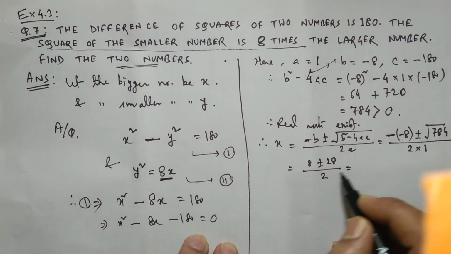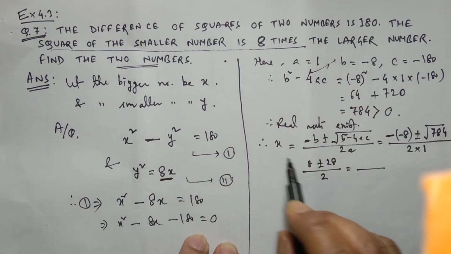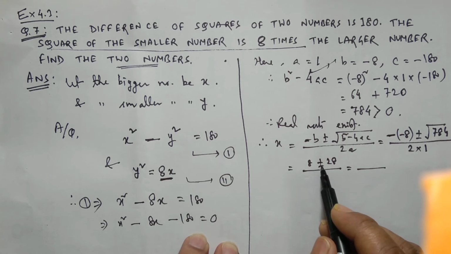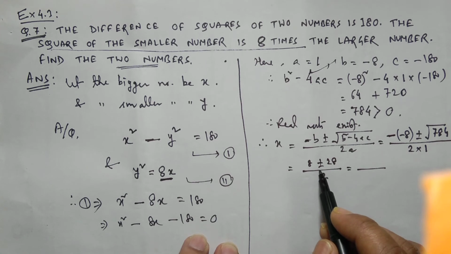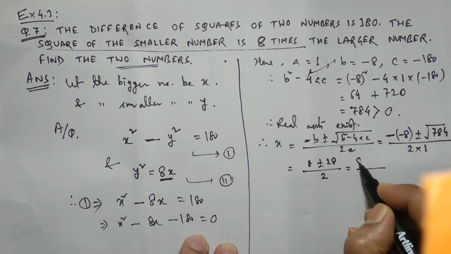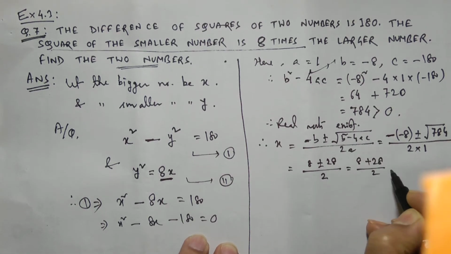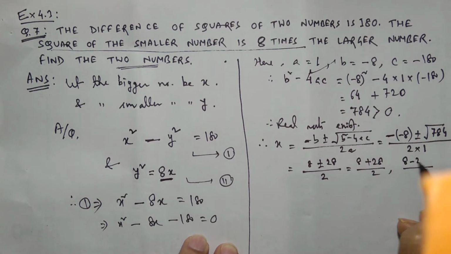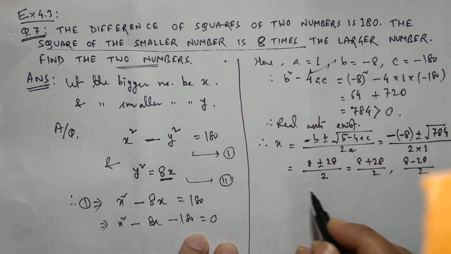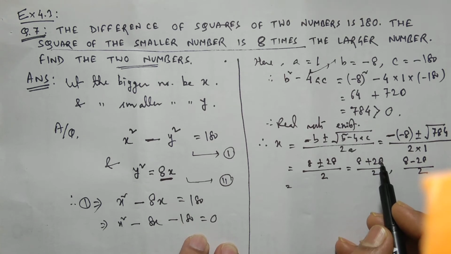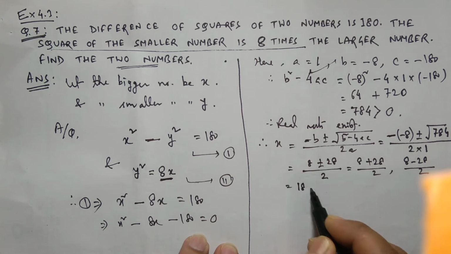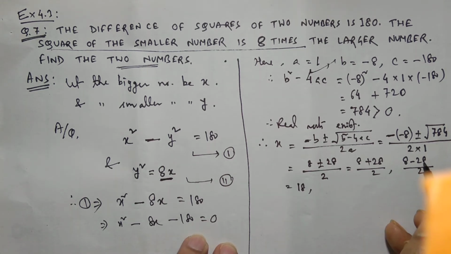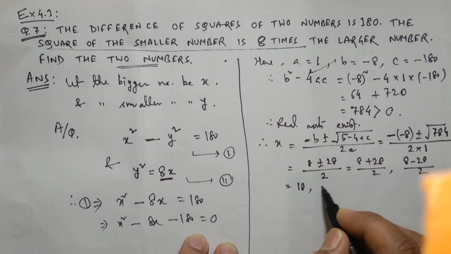Now, I said earlier we have to take two values of x, one by taking plus between 8 and 28, one by taking minus between 8 and 28. So 8 plus 28 by 2 comma, next 8 minus 28 by 2. 8 plus 28 is 36, 36 by 2 is 18, comma, 8 minus 28 is minus 20, minus 20 by 2 is minus 10.